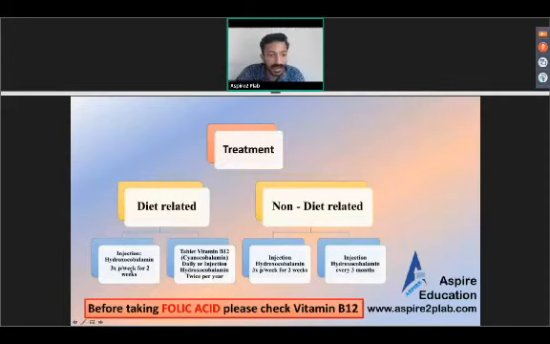If the patient has vitamin B12 deficiency because of diet, first is injection hydroxycobalamin 3 times per week for 2 weeks, and after that, a tablet of vitamin B12, cyanocobalamin. The patient has to take it daily. We give the supply of vitamin B12 daily as a tablet after 2 weeks, and the injection hydroxycobalamin is twice per year, so every 6 months we will be giving this injection, along with the daily tablet.